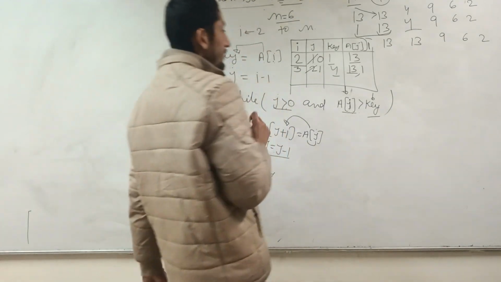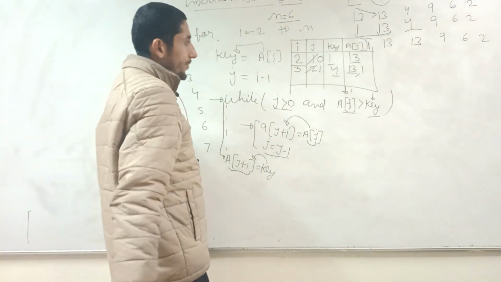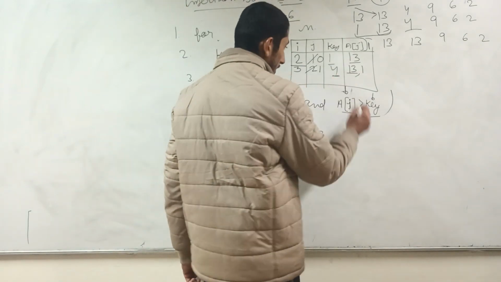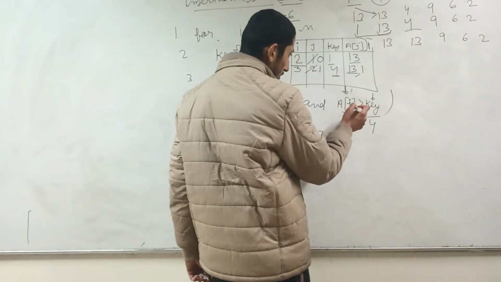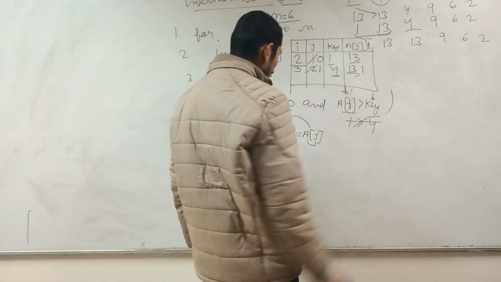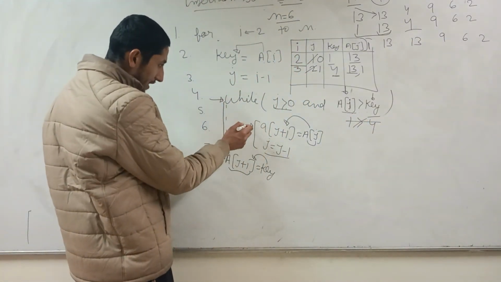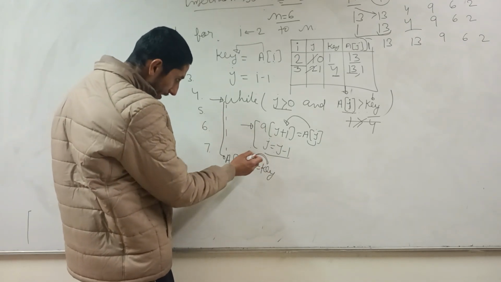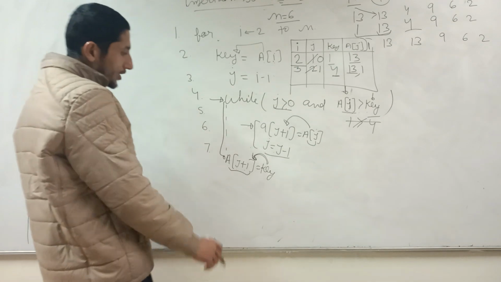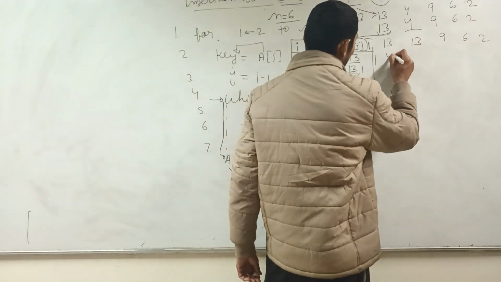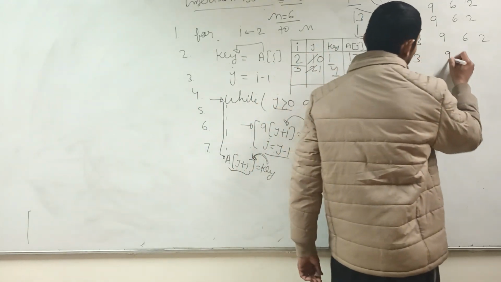Then compare 1 with key. What is the value of key? 4. The condition becomes false. You come outside the loop, so you skip these two statements. What will happen? The content of key should be copied into a[j plus 1], that is a2. So it becomes 1, 4, 13, 9, 6, 2.